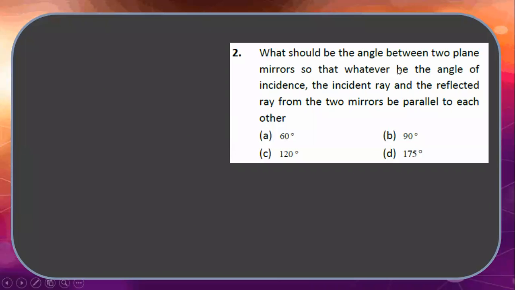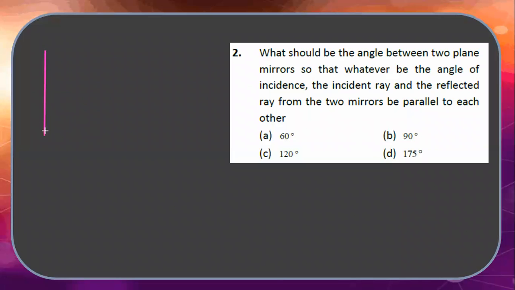What would be the angle between the two plane mirrors so that, whatever be the angle of the incident ray, the reflected ray from the two plane mirrors is parallel to the incident ray? So they should be parallel to one another.